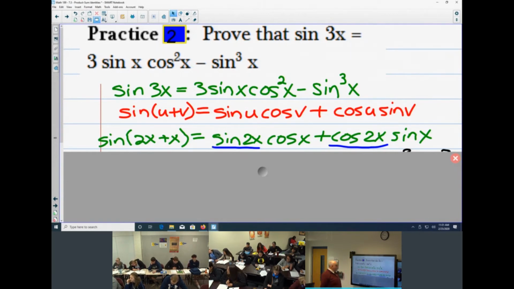Yeah. Okay, now, so the cosine 2x, there's 3 different ways I could break that down because there's 3 different formulas for cosine 2x. Okay? Now look at what the answer's supposed to be here. So which one should I pick for cosine 2x?